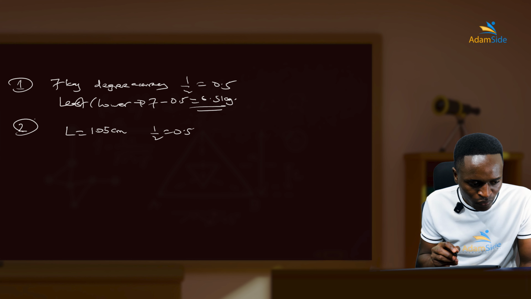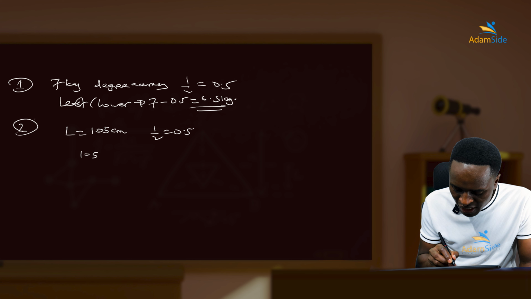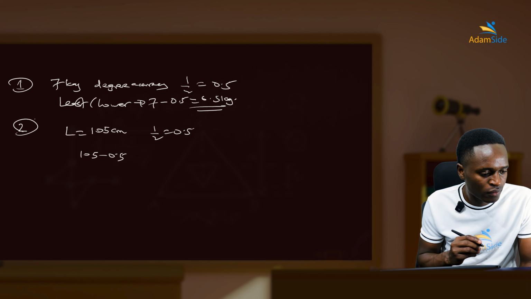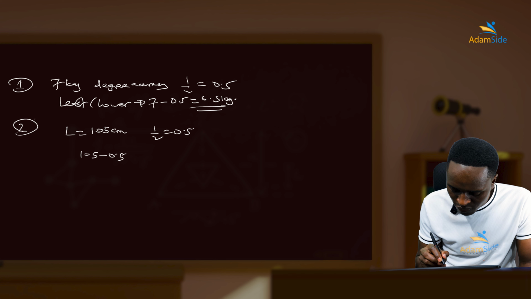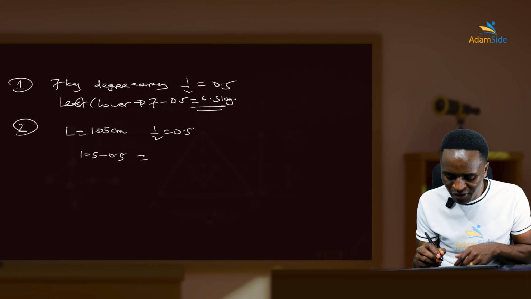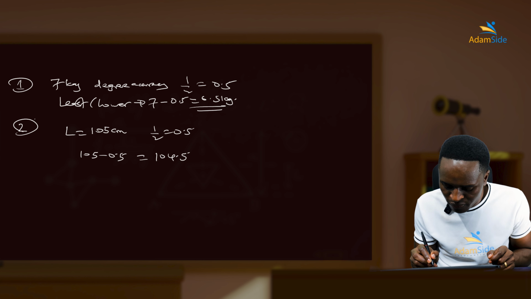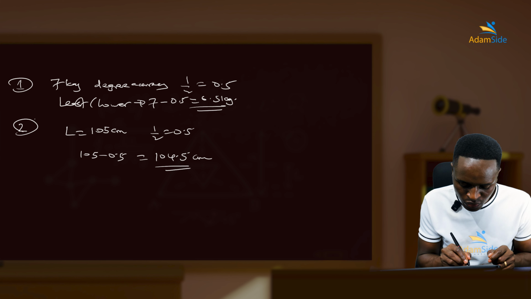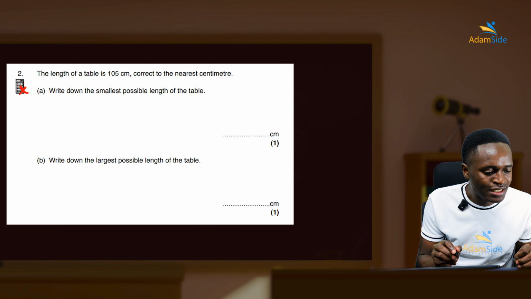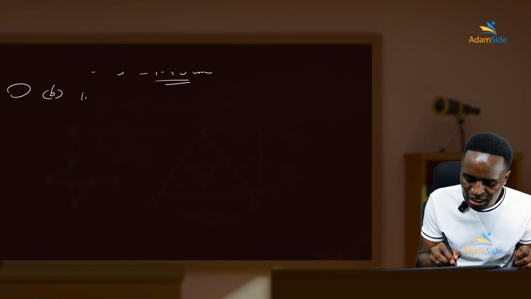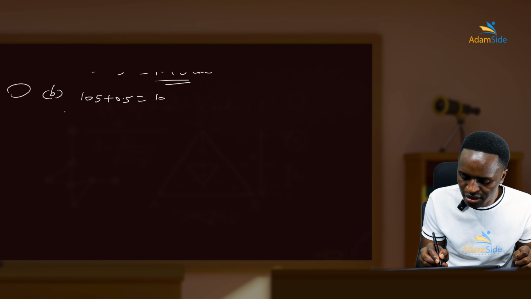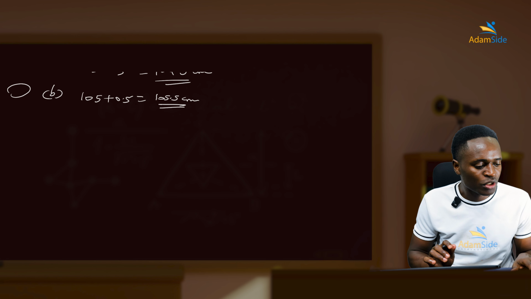Therefore, the least possible length will be 105 minus 0.5, which gives 104.5 centimeters. Correct. Same question, part B: write down the largest possible length of the table. You take 105 plus 0.5, which is 105.5 centimeters. Correct.